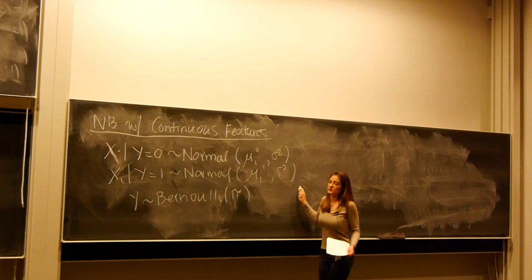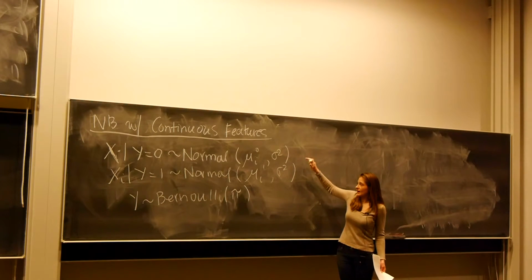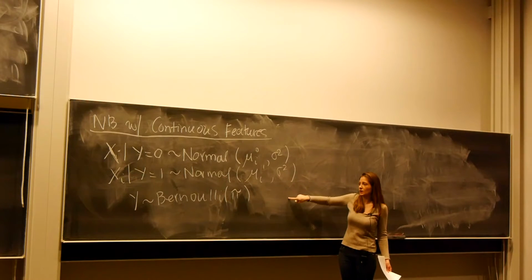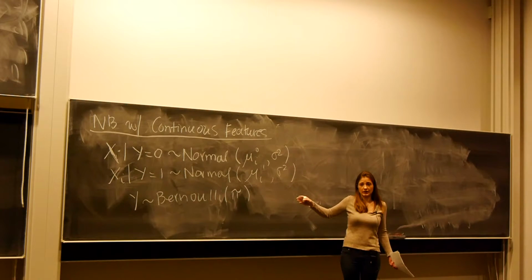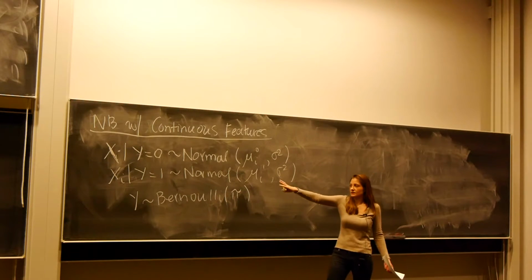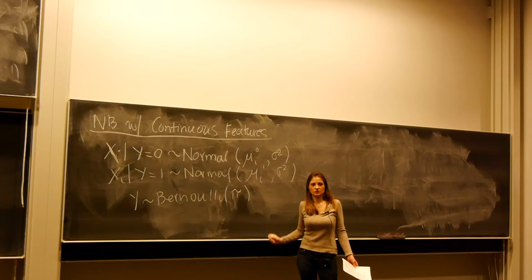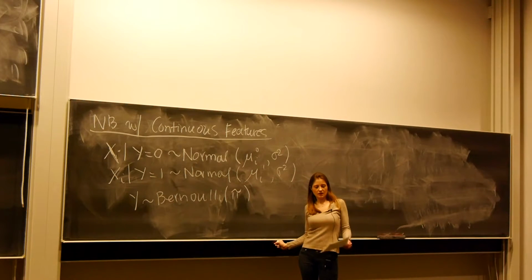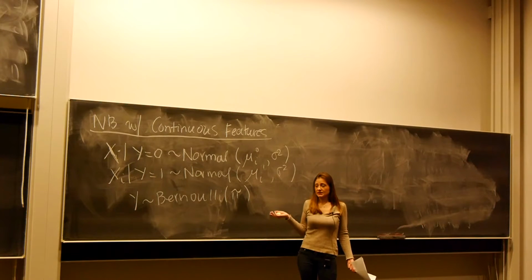Okay, so does this make sense? So again, we have 2n Gaussian distributions and 1 Bernoulli distribution. So 2n plus 1 different distributions, so we've fully specified our model again. So we specified the same set of distributions for the same set of things, but they're just different distributions. Does that make sense?